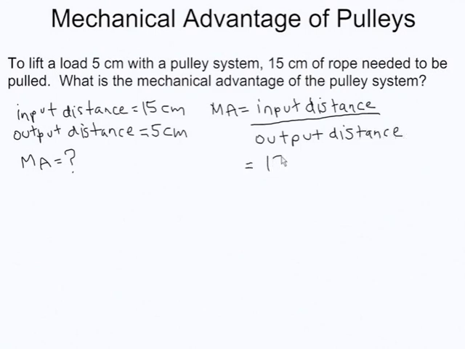Substituting in, we get 15 centimeters divided by 5 centimeters, which gives us a mechanical advantage of 3. Again, the units divide out. Our final statement, the pulley system has a mechanical advantage of 3.